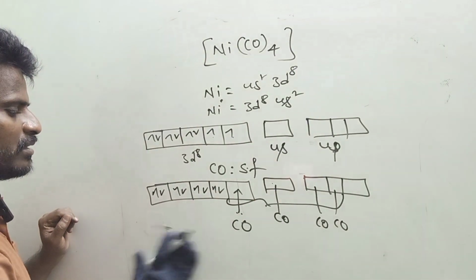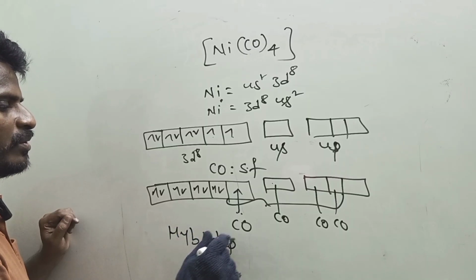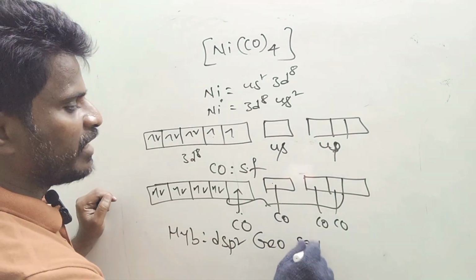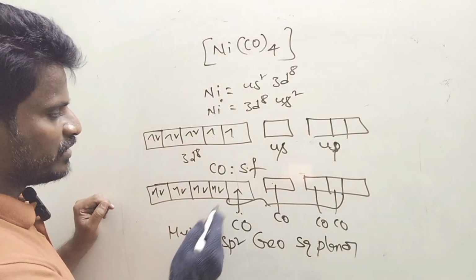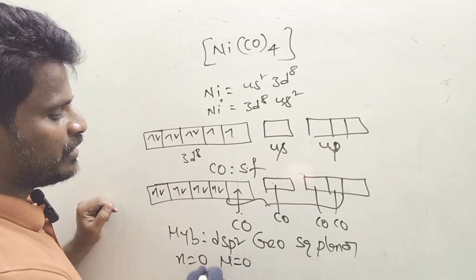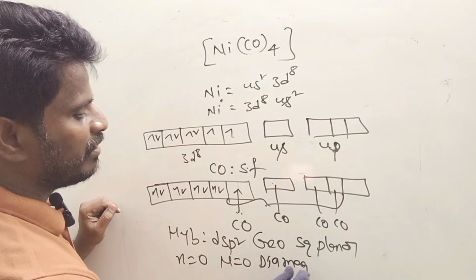The final conclusion is hybridization is dsp2, geometry is square planar, and n value is 0 and mu is 0. It indicates diamagnetic.